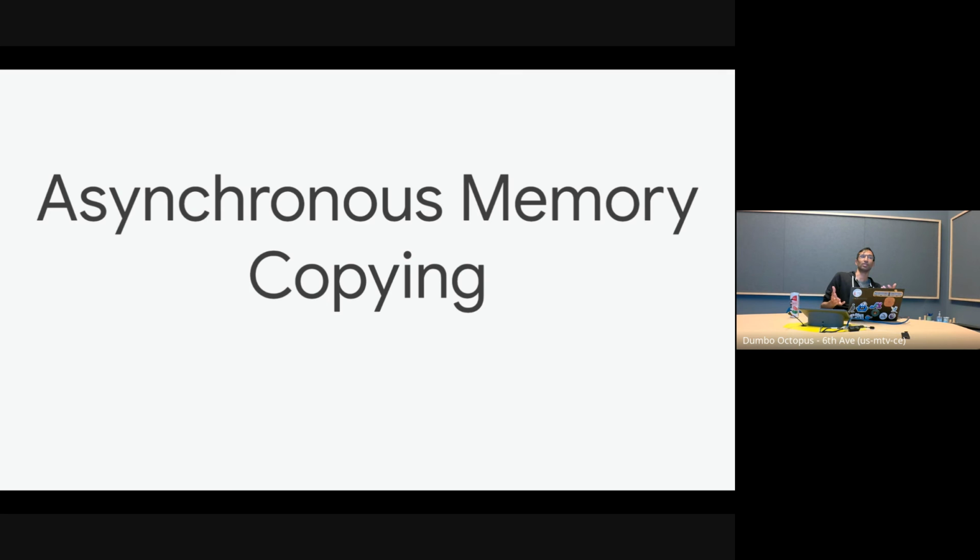So here we actually give you the ability to fetch dynamic amounts of information in these copies. And another is asynchronous memory copying into other devices. And this is essentially the low level primitive that's used to implement collectives in XLA, and that is also exposed. So we'll get to that in a second.